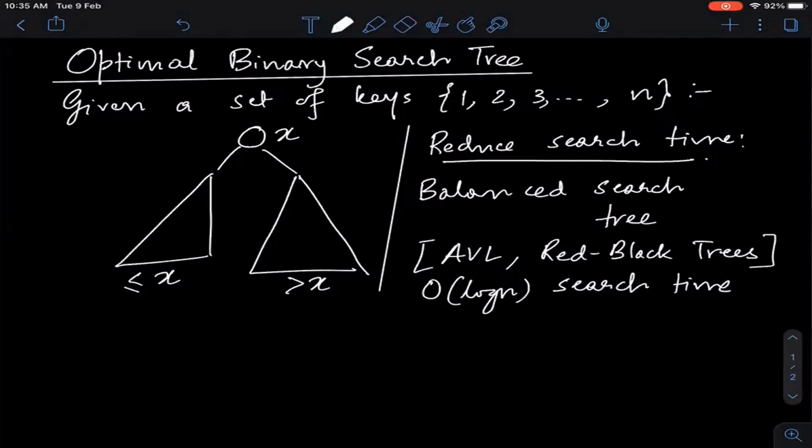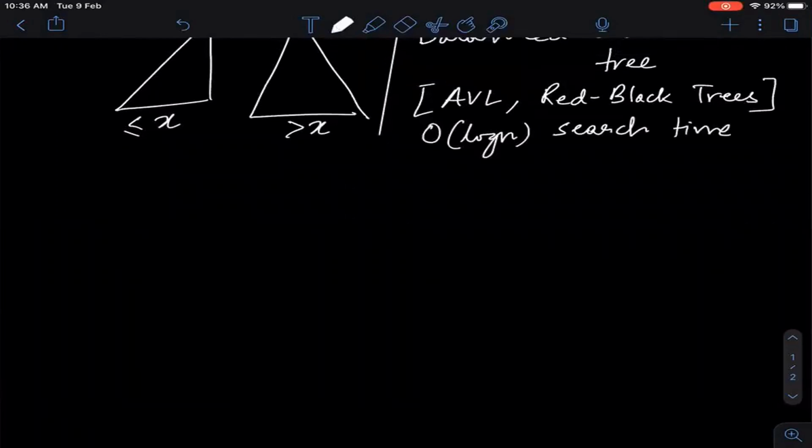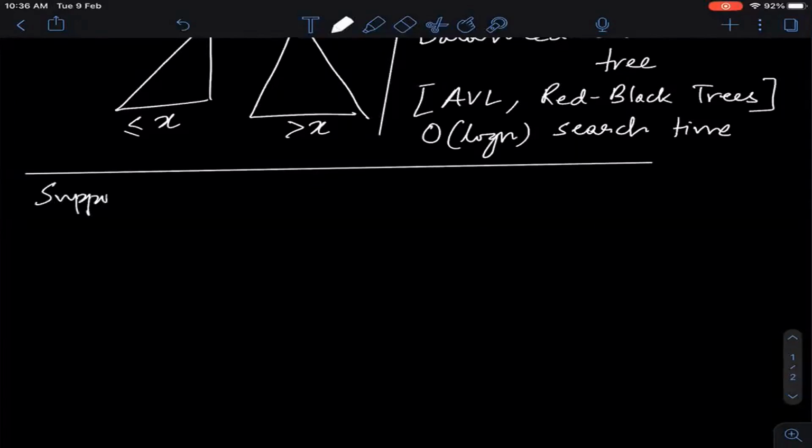So what are we doing today? The problem that we are trying to solve asks us a slightly different question. Suppose I give you some more information. Suppose you know the frequencies of access.